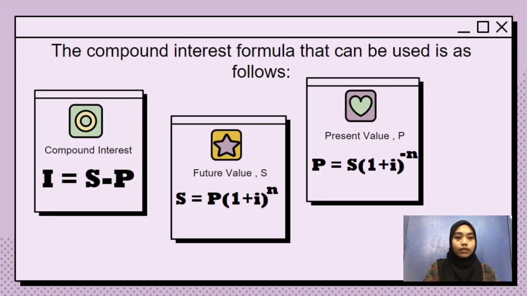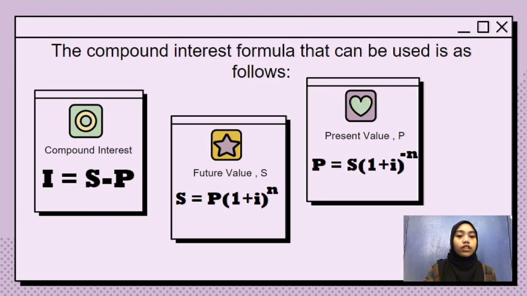The compound interest I is the difference between future value and principal value, that is I equals S minus P. Next, to find future value S, we use the formula S equals P (1 + i)^n, where S is future value or accumulated amount, P is principal or initial value, i is periodic interest rate, and n is number of interest periods in the investment period.